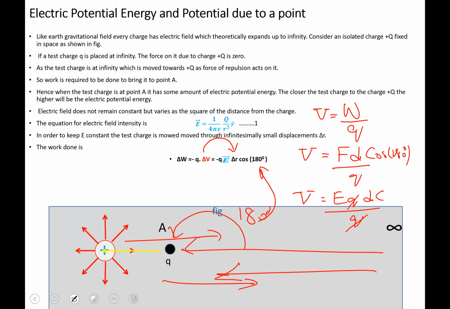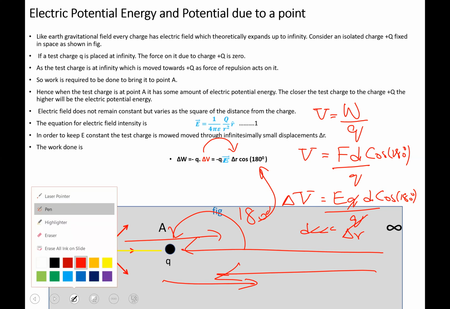So we can represent it as V is equal to E into D. If D is very, very small, we can say it is equal to delta R for the change in potential.